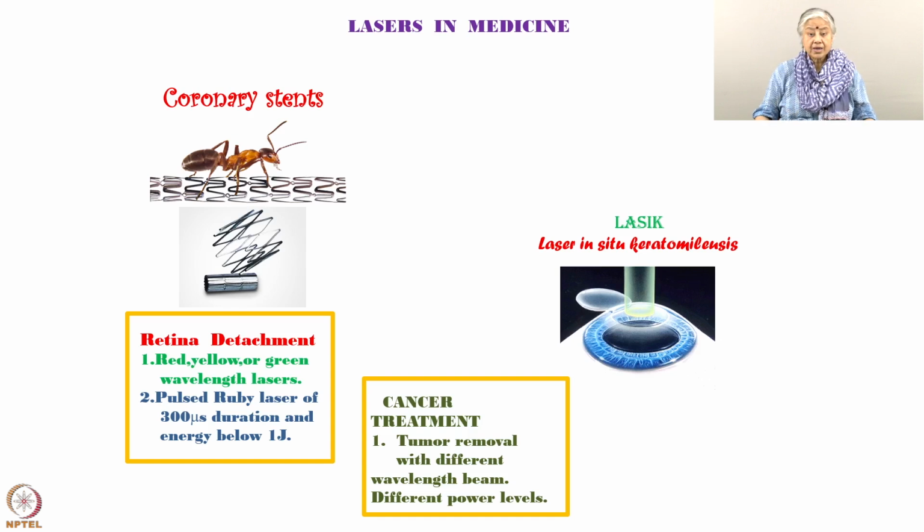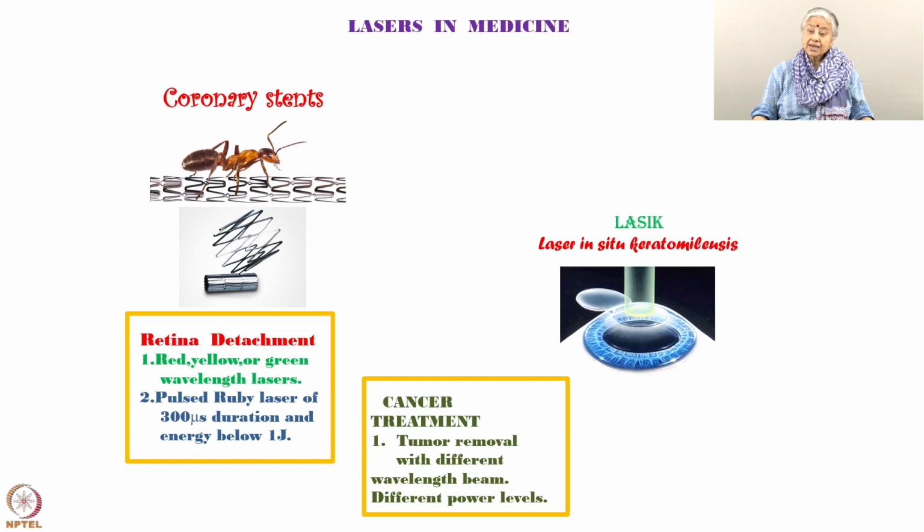So, this is where I stop talking about lasers in medicine, but there are numerous uses of lasers in medicine. Those who are interested can just read up some more. I have given you the more prominent ones and the more successful techniques with lasers that have been used.